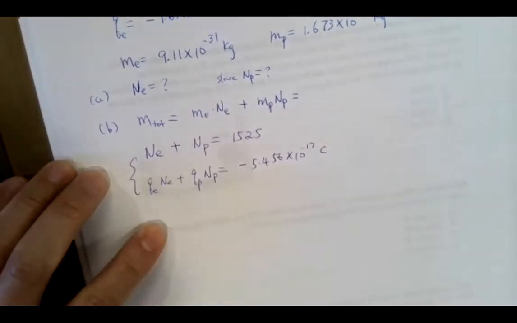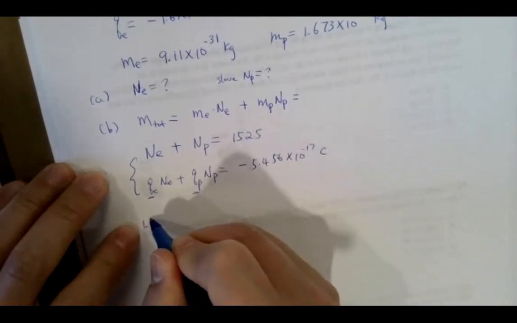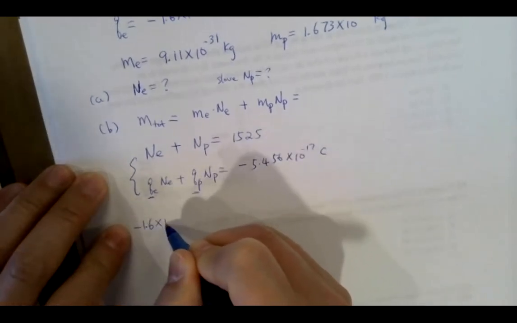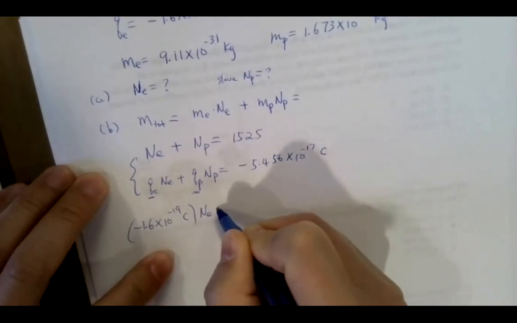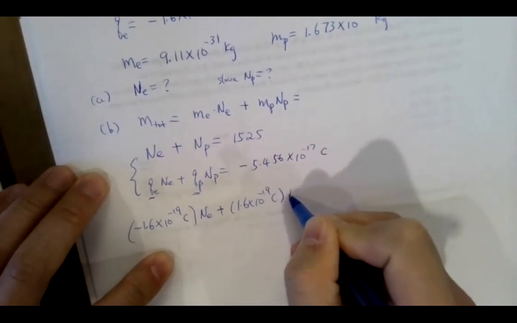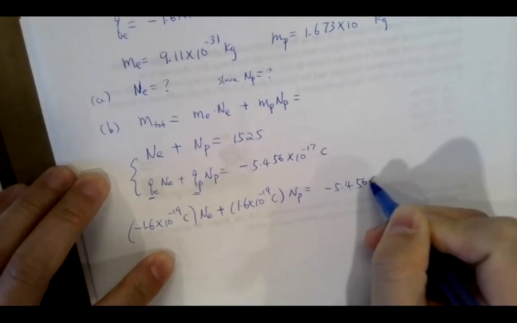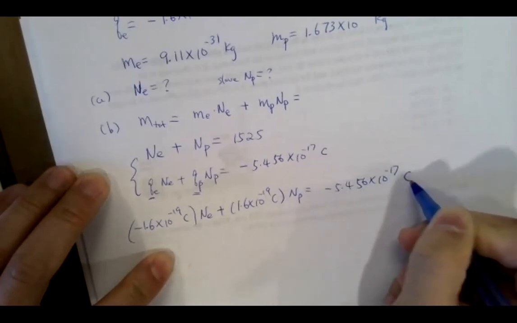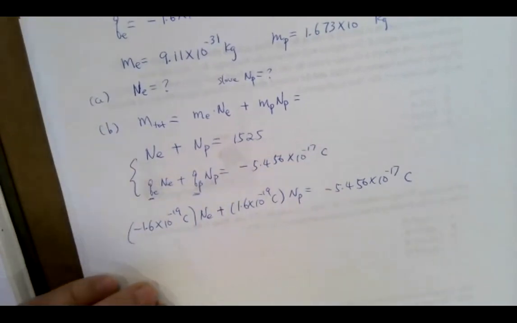These two equations have known numbers, so we can put the numbers in there. Minus 1.6 times 10 to the negative 19 times N_E plus 1.6 times 10 to the negative 19 times N_P equals this.